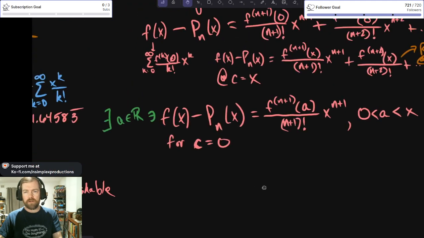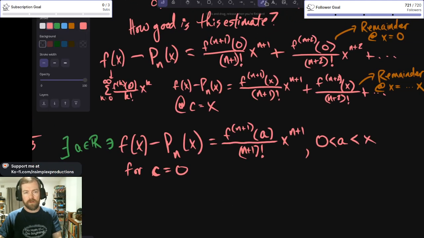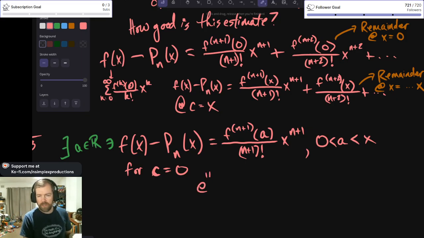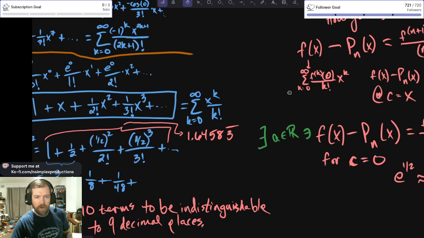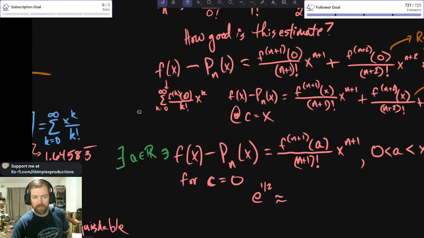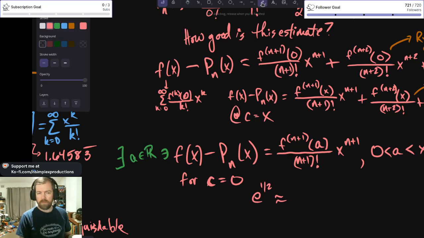So we could come over here and say, okay, our error, so e to the 1/2 was going to be approximated by 1.64583. I should know better.